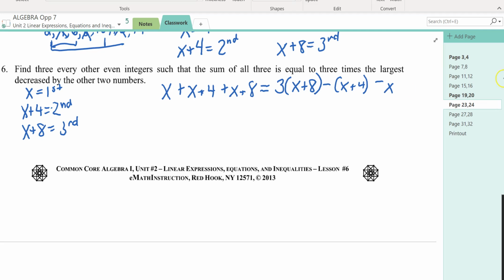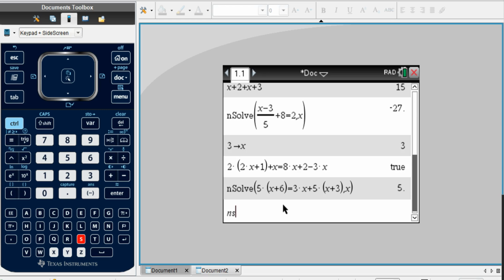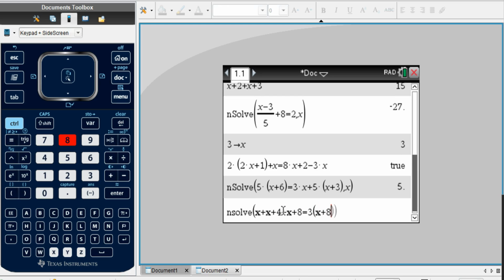NSolve: x plus 4 plus x plus 8 equals 3 times x plus 8 minus x plus 4 minus x, comma, x.